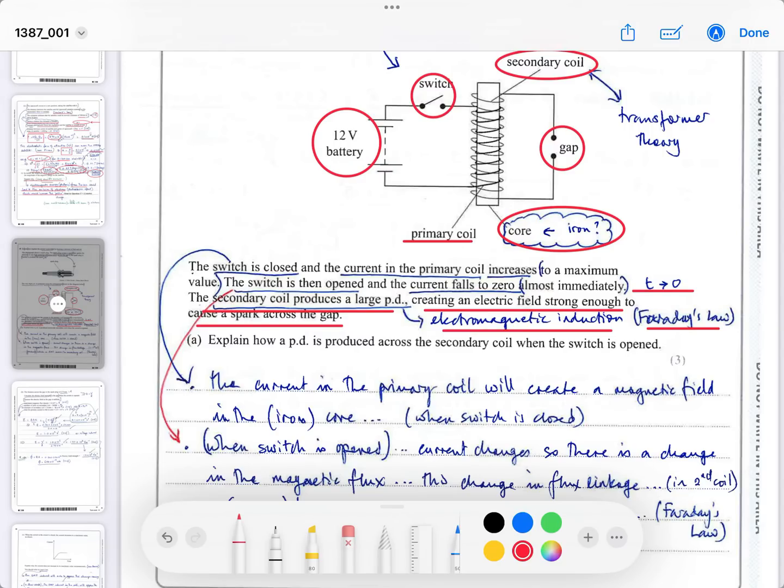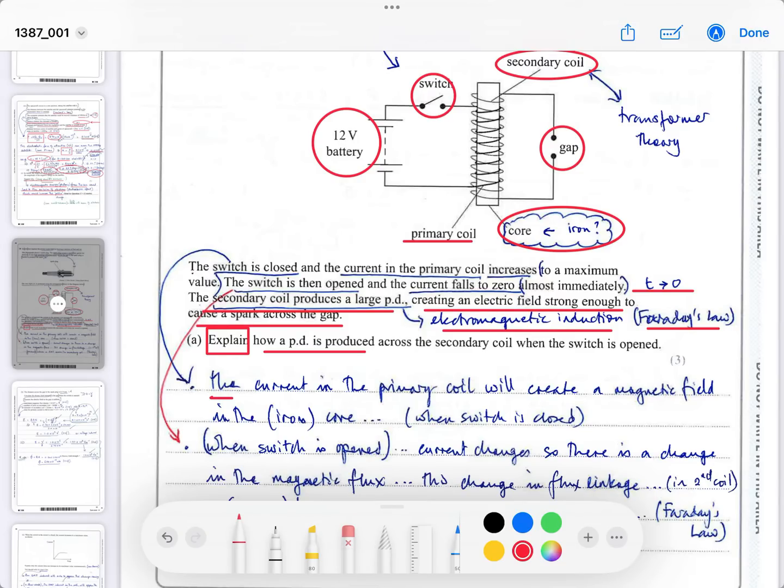And it says explain. So explain means you don't just say it, you have to say why it happens, how a PD is produced across the secondary coil when the switch is opened. So the switch is first closed.